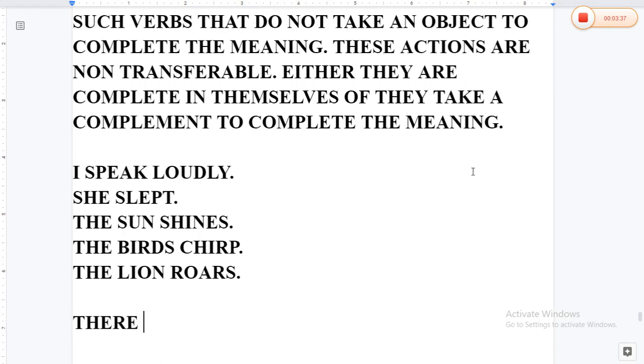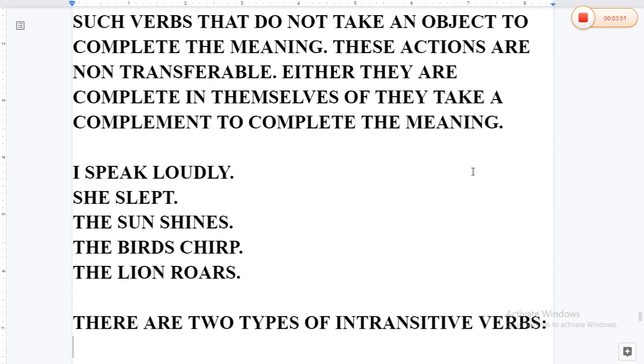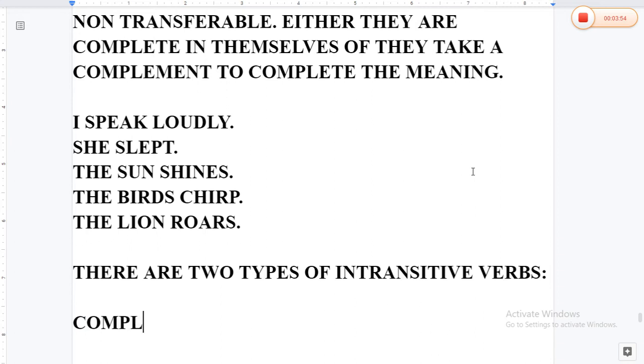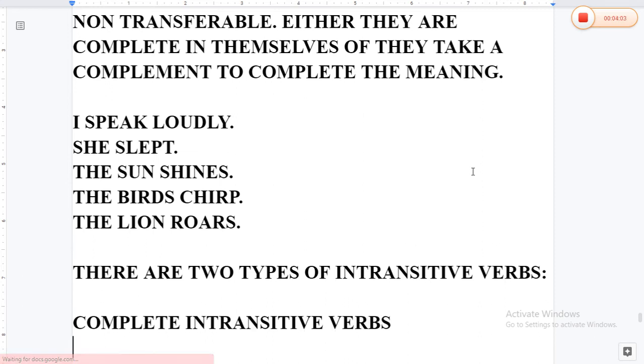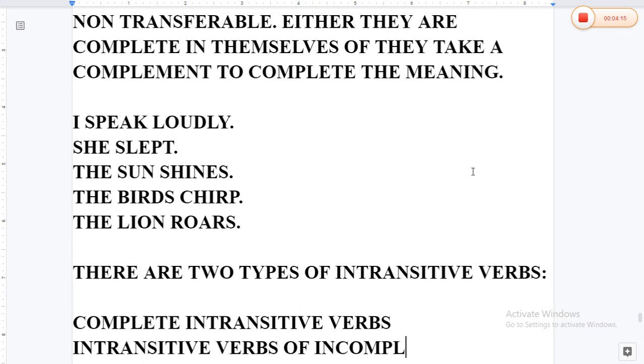Intransitive verbs are of two types: complete intransitive verbs, and intransitive verbs of incomplete predication.